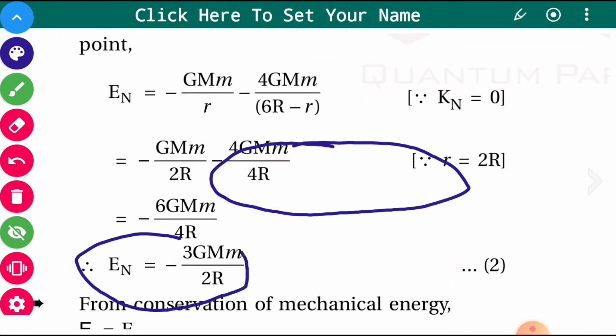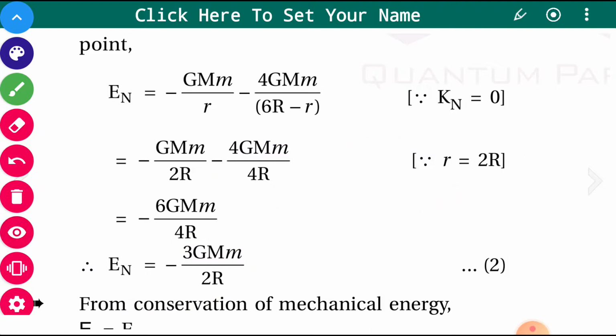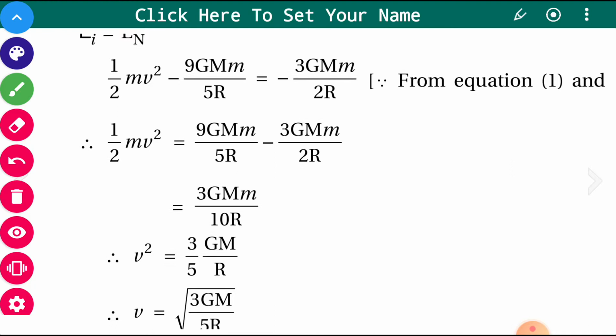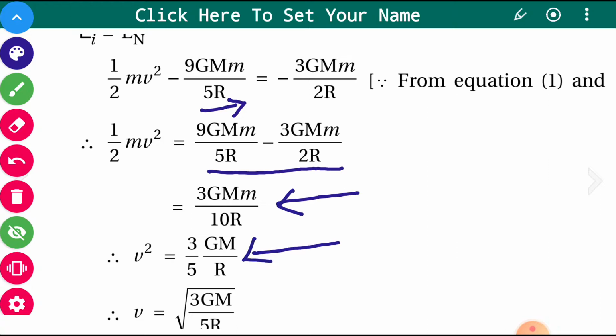Just compare. 1/2 mv square is made the subject of the formula, and this is taken on the other side. You simplify by taking LCM and make v square the subject of the formula. Here this is 1/2 mv square.